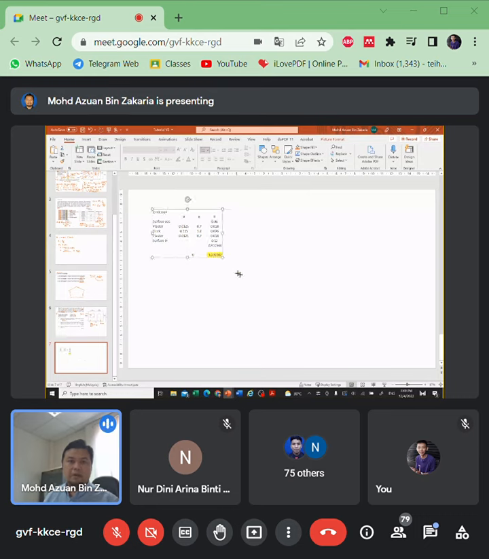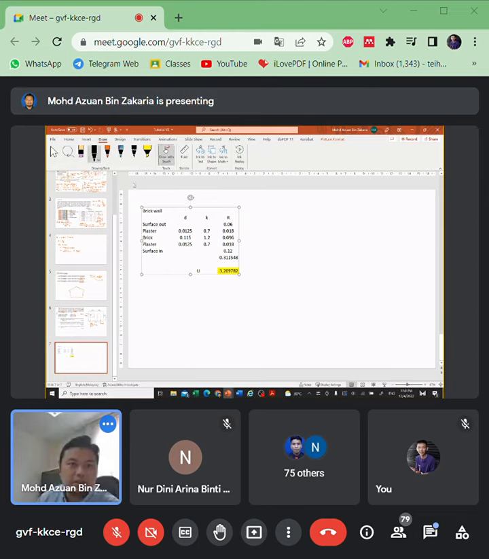Okay, step number one, calculate for brick wall first. Find U value of brick wall, without windows and glass.